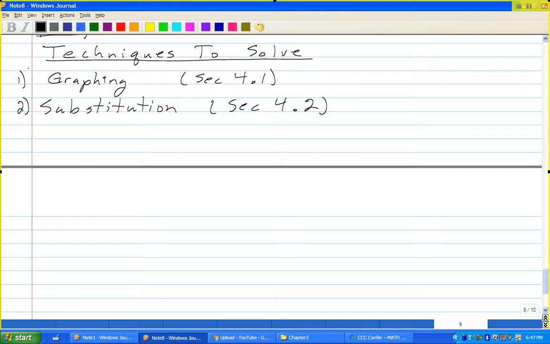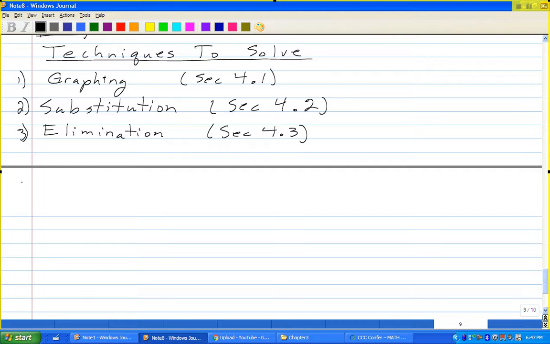Next technique, elimination. For elimination, we'll do that in section 4.3.